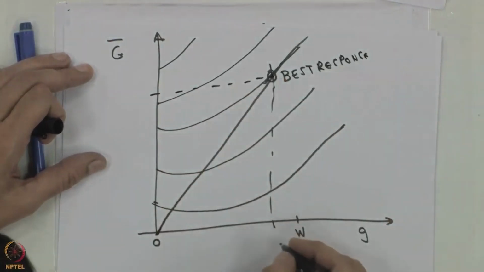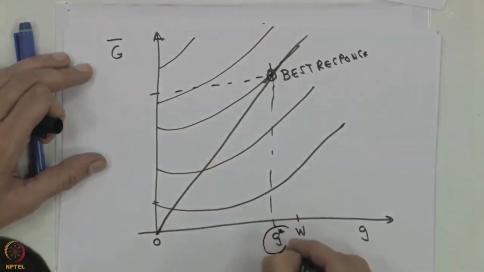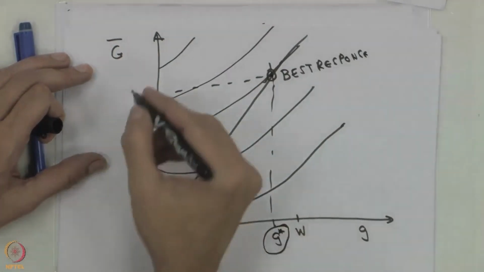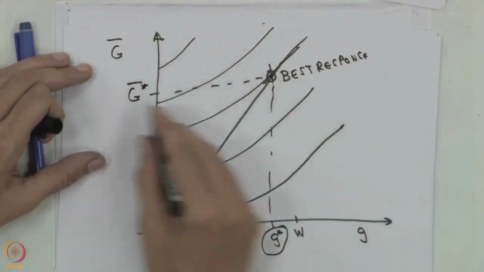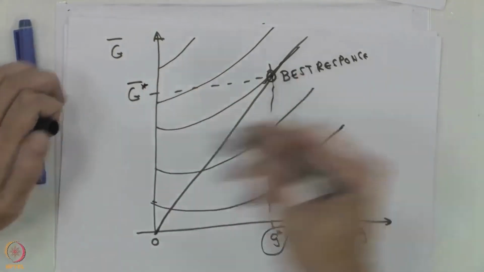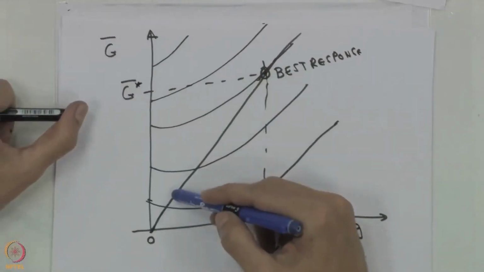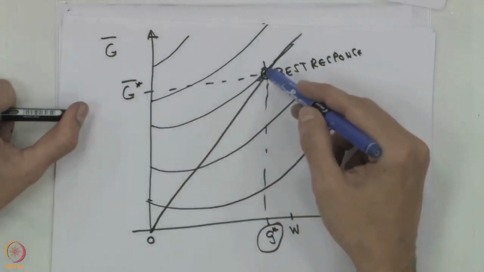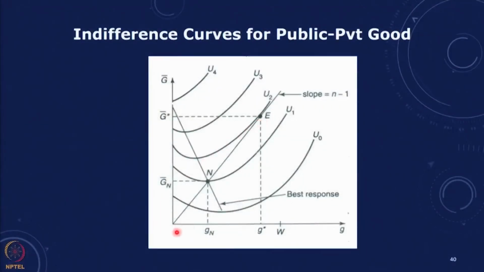And this point essentially is the optimal amount that we should be paying for the public good with the optimal amount by everyone else. This is if we know that there is cooperative action where if we increase the amount that we are going to pay, others will also increase, and then we get this kind of optimum. This is the line which shows that the slope is n minus 1.